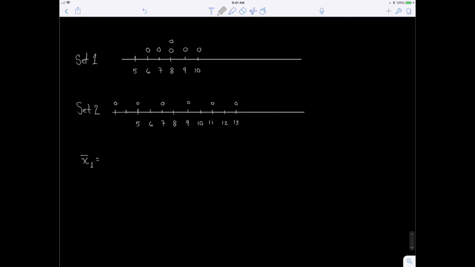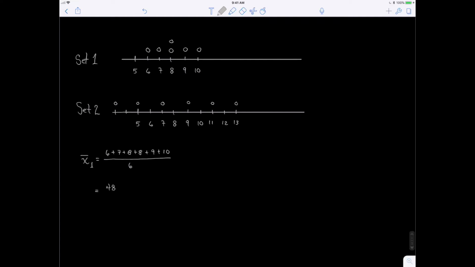If I calculate the mean for set 1, I take 6 plus 7 plus 8 plus another 8 plus 9 plus 10, and I divide that by 6. 6 plus 7 is 13, 13 plus 16 is 29, 29 plus 9 is 38, 38 plus 10 is 48.